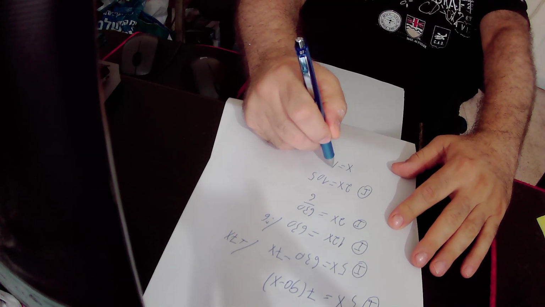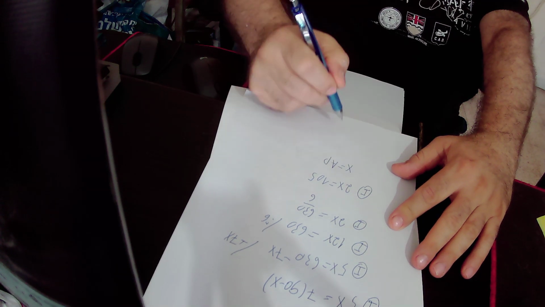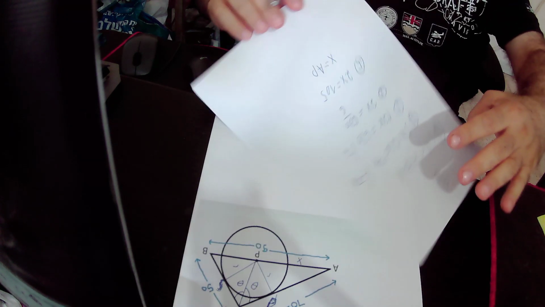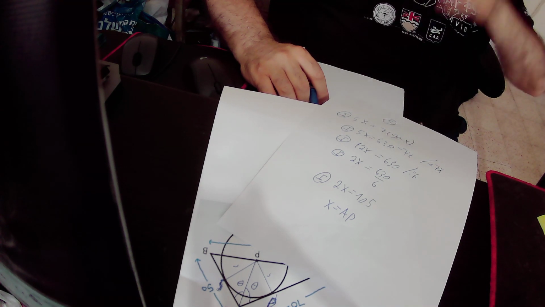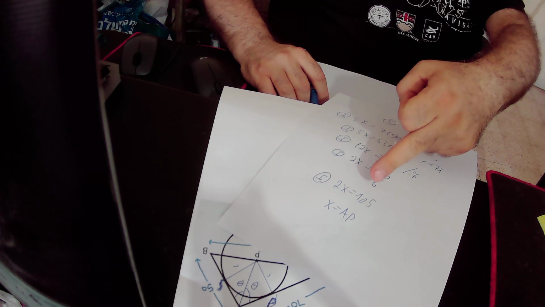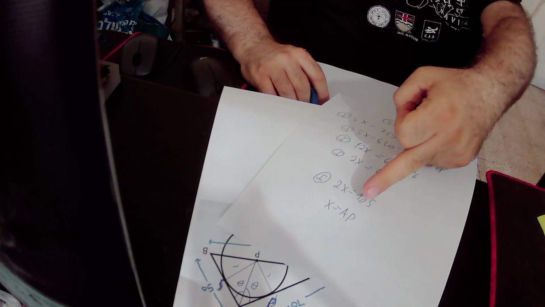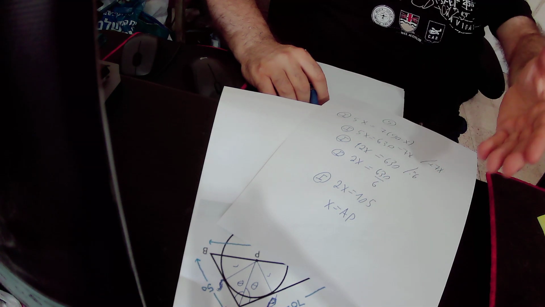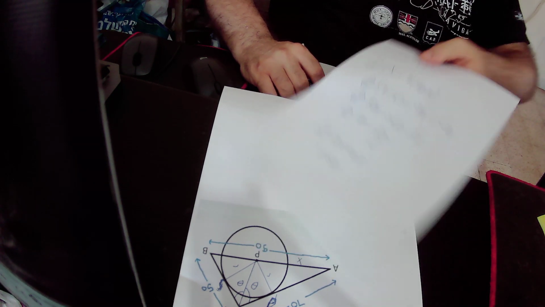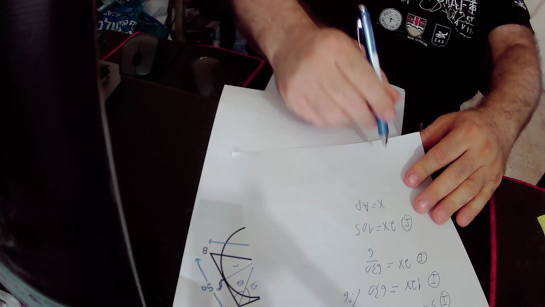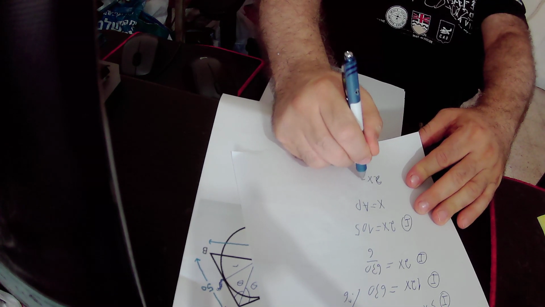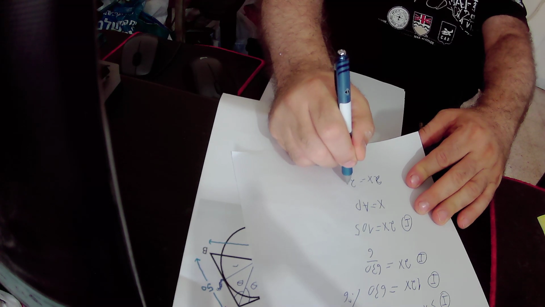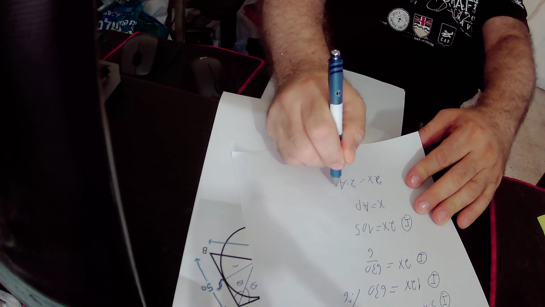X equals AP. So if x equals AP, 2x equals 2 times AP. Yes, 2x equals 2 times AP.